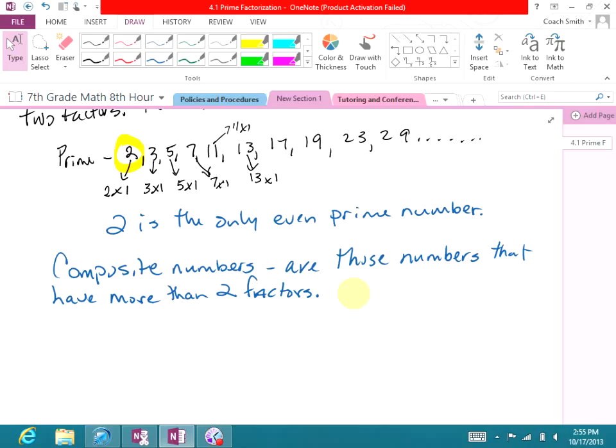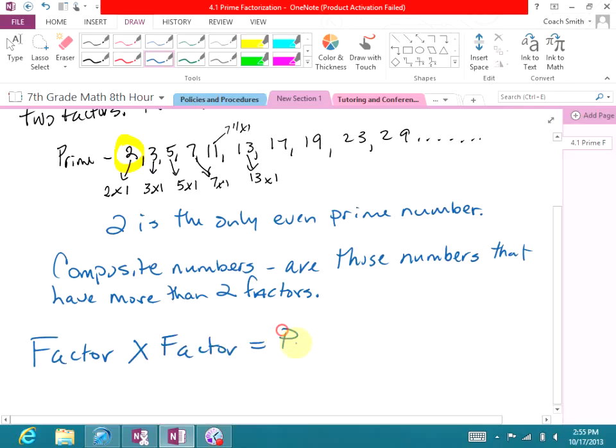Okay, so now let's make sure we understand factors. If we think about multiplication, you take a factor times a factor to get a product. I just want to review that because you should know what factors are.